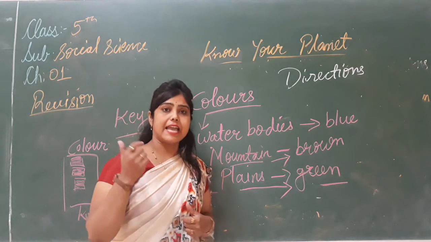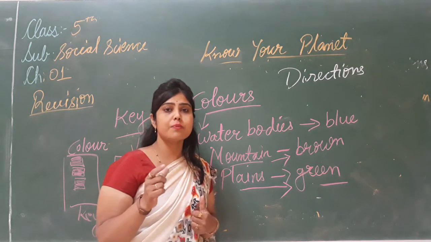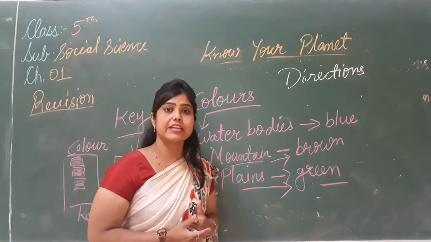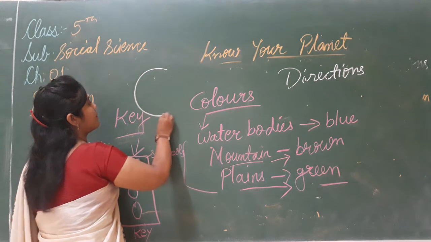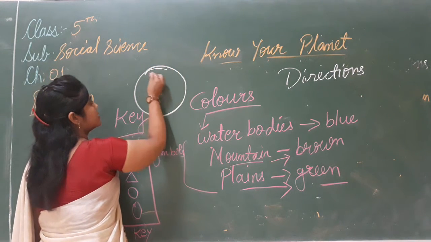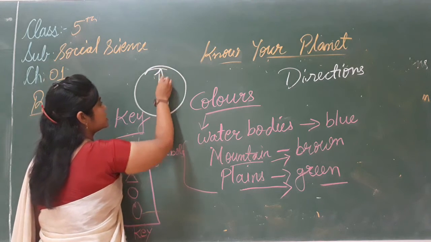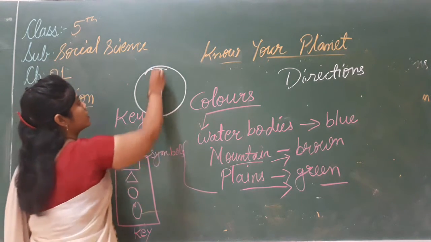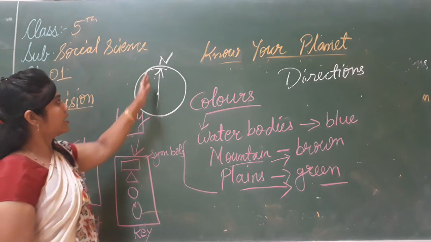In earlier times, sailors used a compass. Compass means an instrument to find the directions. See this compass, and there is a needle which always points at the north. इसमें needle रहती है जिसका point कहाँ रहता है? North पे.